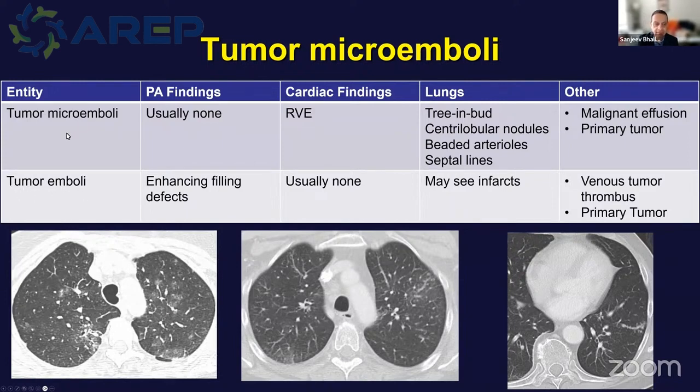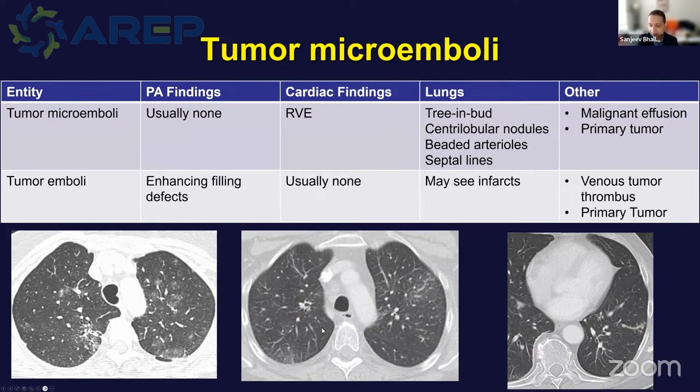But with the tumor microemboli, we have to always be mindful that we might not see filling defects, but what we will see, because of the increased vascular resistance, is that the right heart will enlarge. We may see tree and bud opacities, but unlike what we're used to seeing, these tree and bud opacities are not of the airway, they're of the small vessels. And we may see other findings, such as a malignant pleural effusion or the primary tumor.